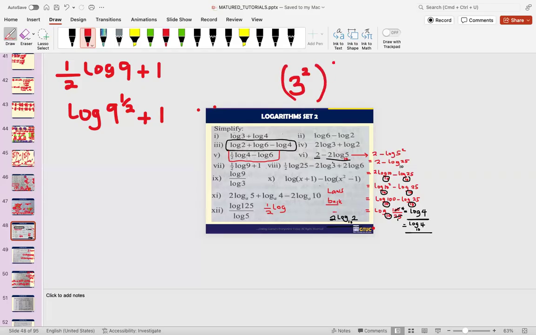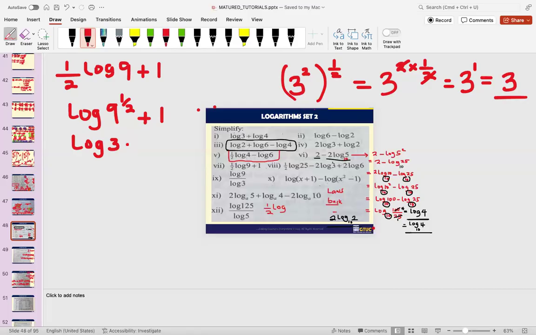So if you have half at the top, it means you are multiplying the powers. So it becomes 3 raised to the power 2 times 1 over 2. If this and this cancel, you have 3 raised to the power 1. Any number raised to the power 1 is the same number. So this whole stuff here is going to be 3. So you have log 3 plus 1.